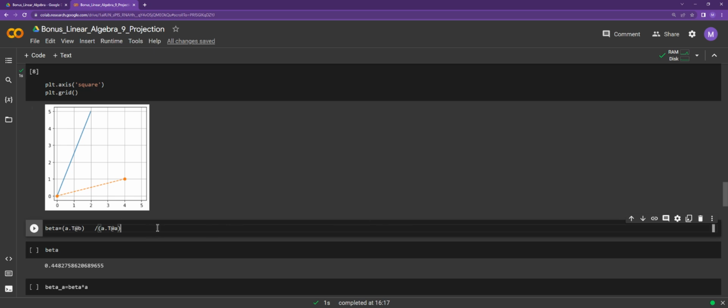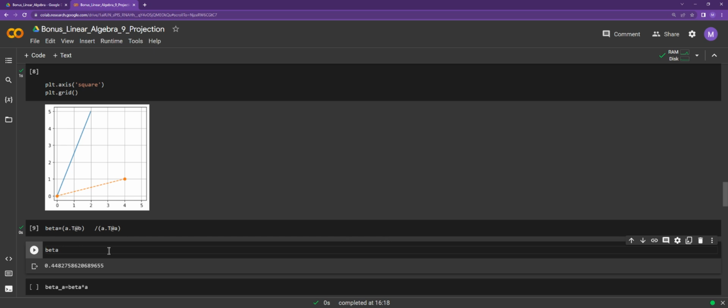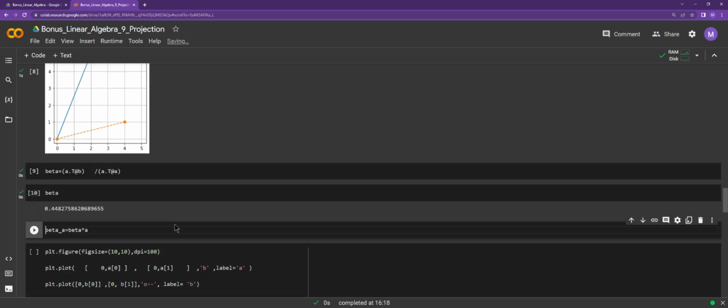Okay? So if we do this, let's just run it. And I'm going to just call beta. Okay, so we got the beta to be 0.44827, whatever that value.